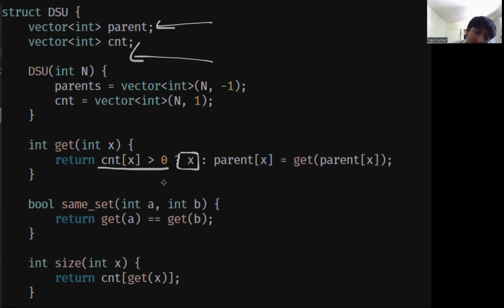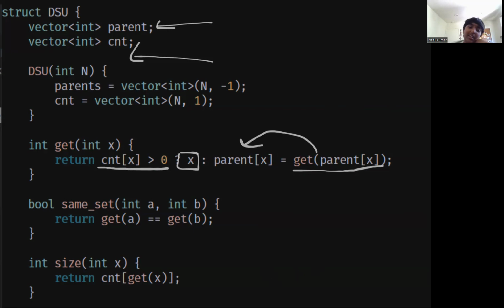But otherwise, you have to get the parent of your current node. So you have to go one step up. And as I was talking about before, to optimize it, you set this value back to the parent of the node you're currently on, because then if we do this in the future, it's just one step.